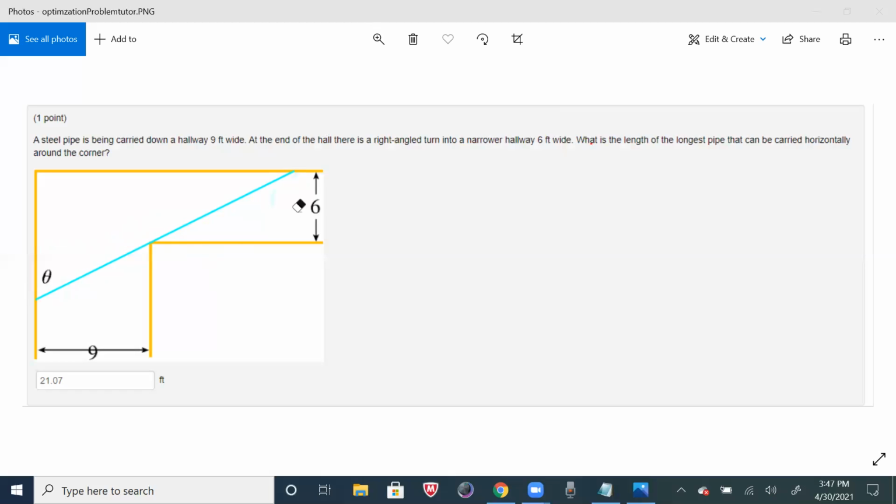In other words, what if we start with that being x? But now we don't have any way.